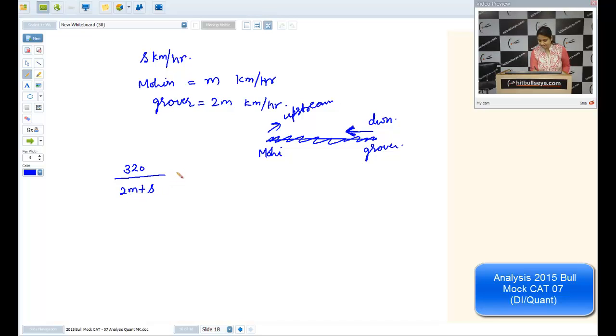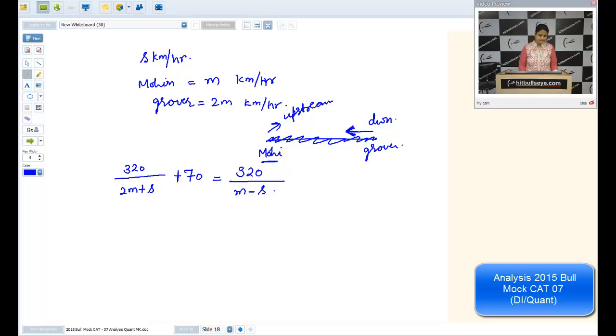That is the time taken by Grover. And he is giving head start of 70 hours. It means he is taking 70 hours less. And Mohinder is taking plus 70. Mohinder is taking 320 upon upstream thing. Now you can solve it. You can write the second equation as well.